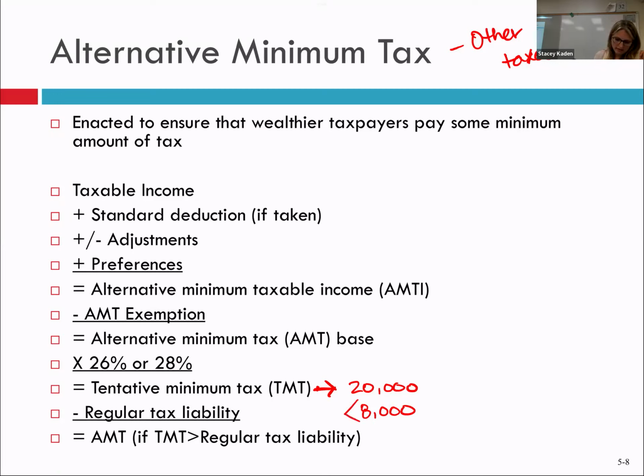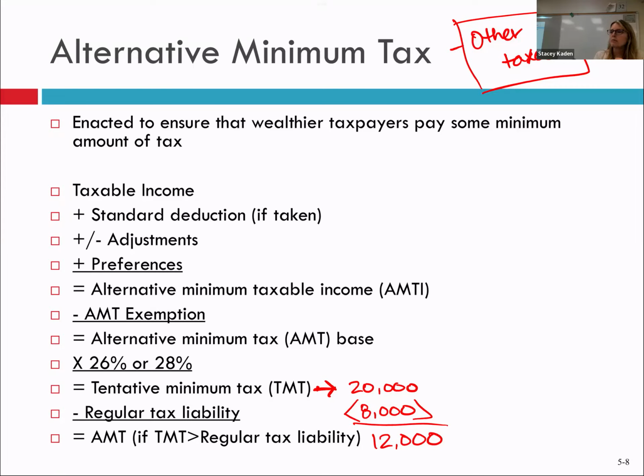You owe AMT tax of $12,000. And you would include that then with the other taxes. And that's how the AMT works. Again, generally only affects wealthier taxpayers. Questions?